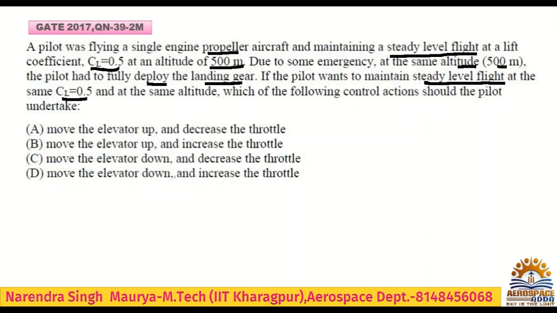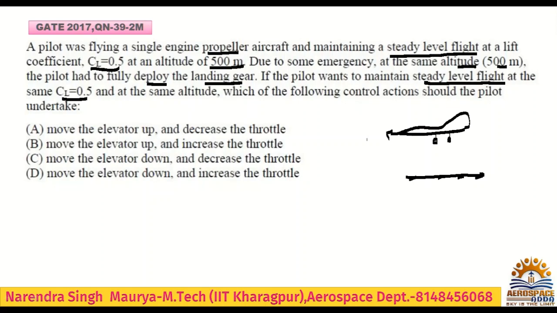Okay, so see, this problem is conceptual based. Suppose this is sea level, and here the aircraft is flying. Now for this aircraft, say this is the landing gear. Generally, in takeoff condition, or fully takeoff condition, the landing gear will not be deployed, obviously.